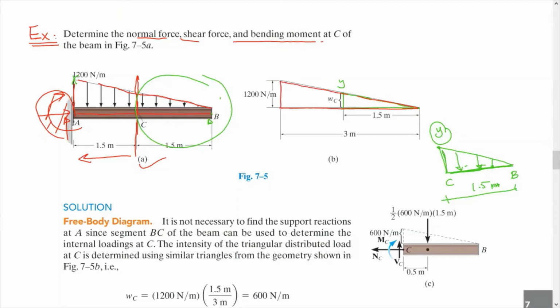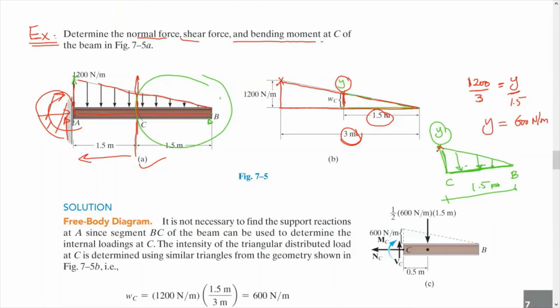This point we know, this distance we know, and this distance is given to us. So right now, by similar triangles, 1200 divided by 3 is equal to y, this height which I'm looking for, divided by the distance 1.5. Okay, so y here is equal to 600 Newton per meter.